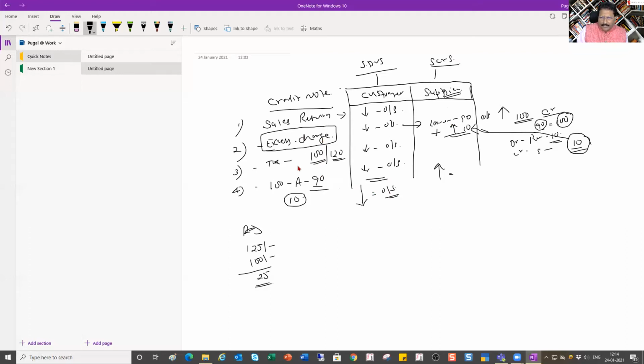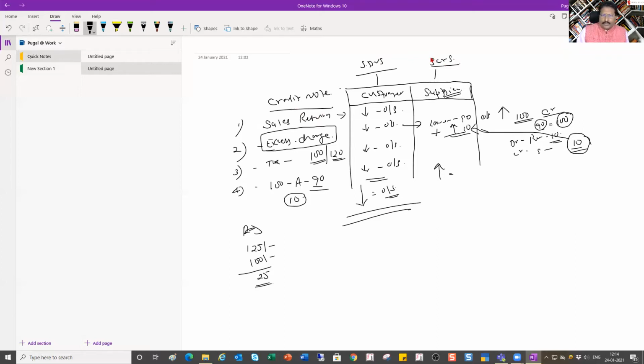You can associate a similar kind of example with various natures of transaction. The core concept we have to understand is this: a credit note in a customer ledger is going to reduce the outstanding balance, and a credit note in a supplier ledger is going to increase your payable to that extent.